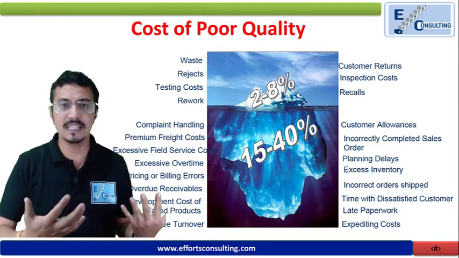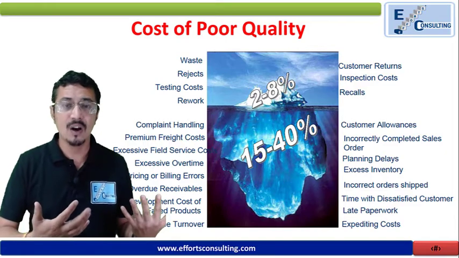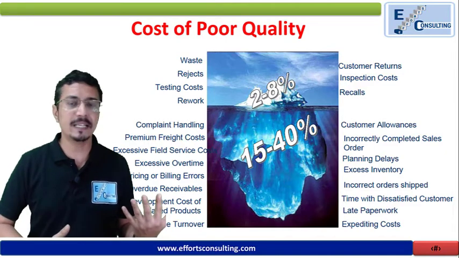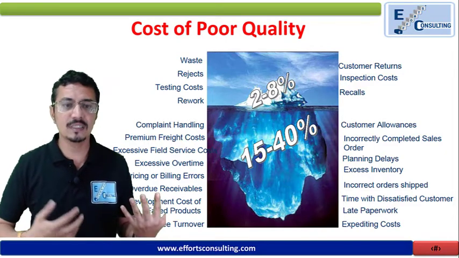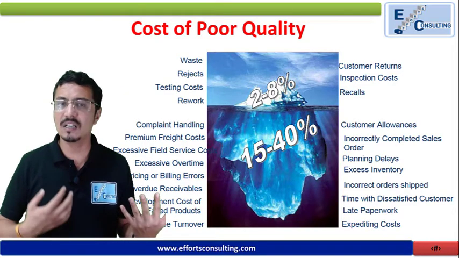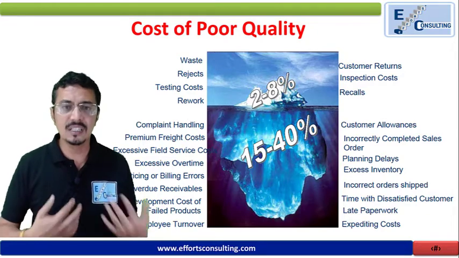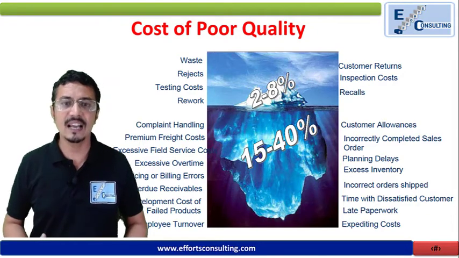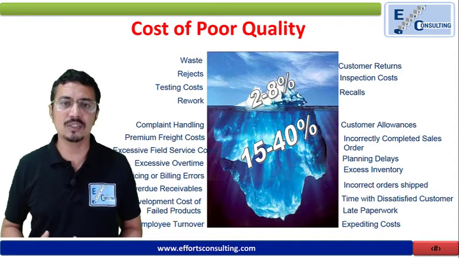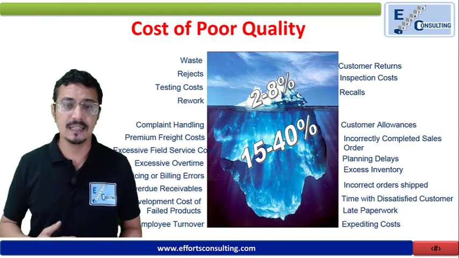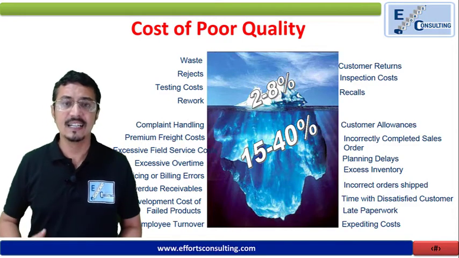Because if the customer is giving our product back, or not accepting our services, what we lose is rejections, or we have certain cost involved, and generally we think we have 2 to 8% cost associated with it. But as you can see here, it is just the tip of the iceberg.